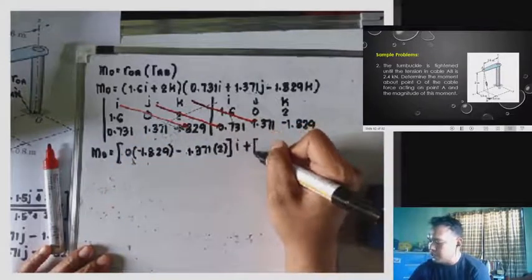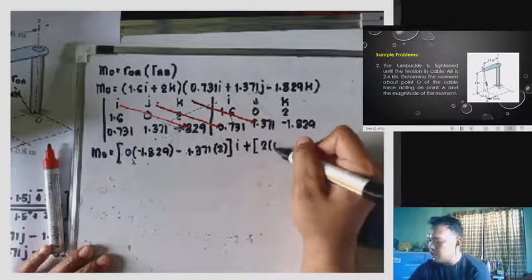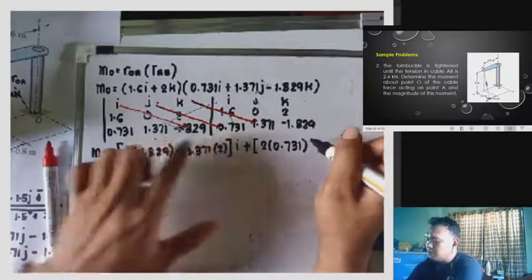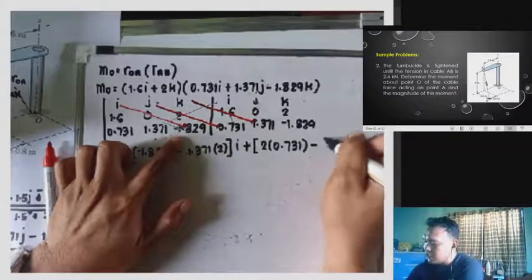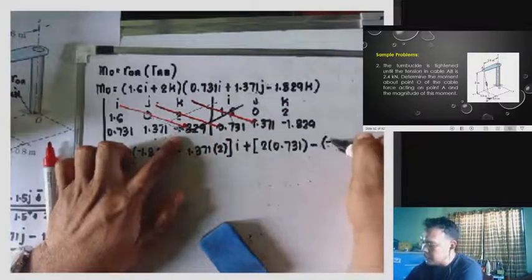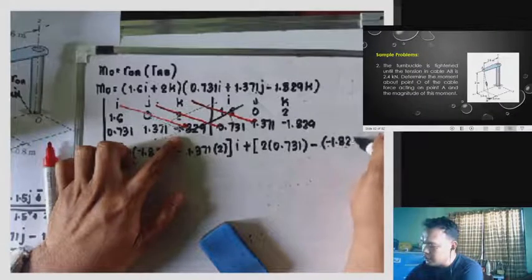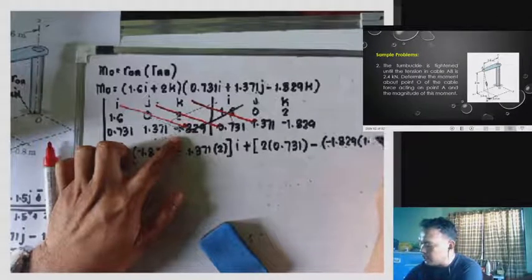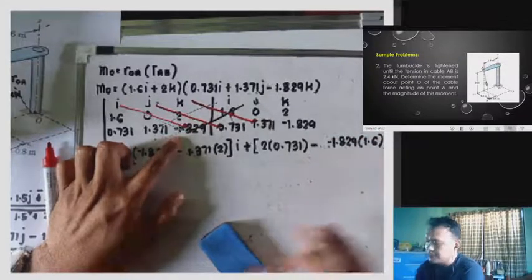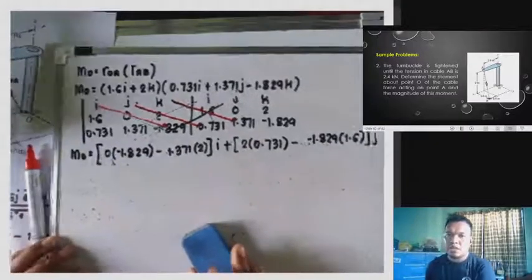We have here 2 times 0.731 minus, pag ganito ulit, pataas, negative 1.829 times 1.6, J. Diba ang haba? Hindi na magkasya.